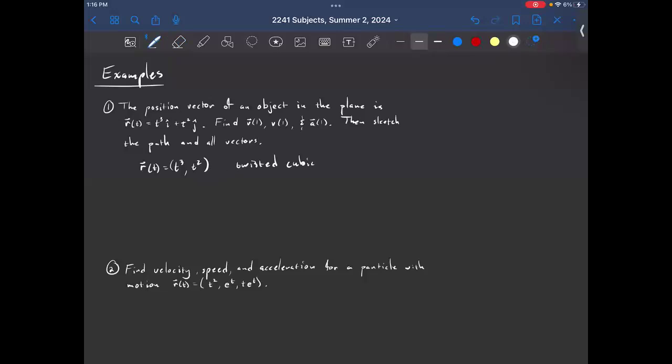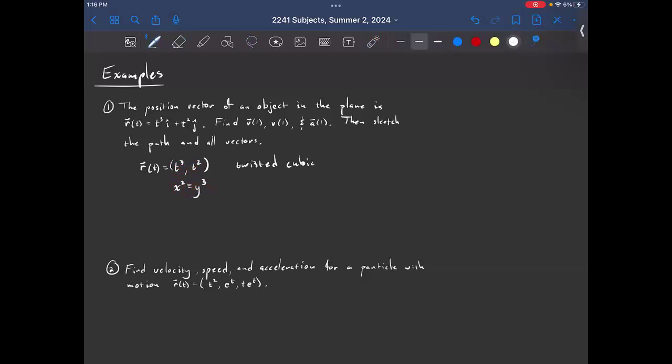So we have that if this is x and y, then y cubed is equal to x squared, right? Because you cube the t squared and you square the t cubed, and they both end up being t to the 6th power. So that's the relationship we have between these things.